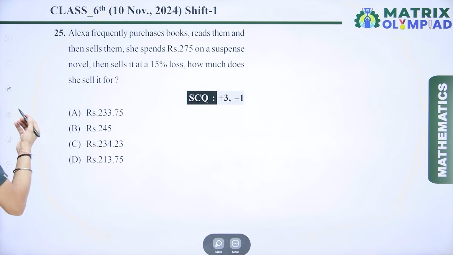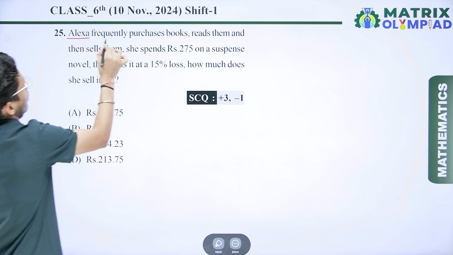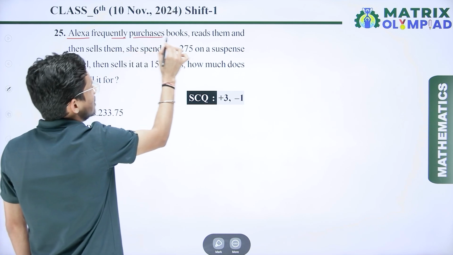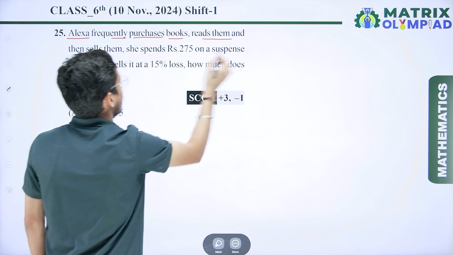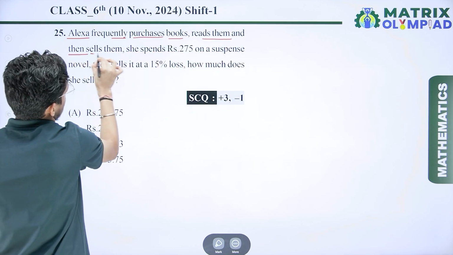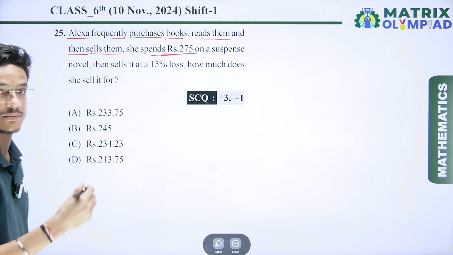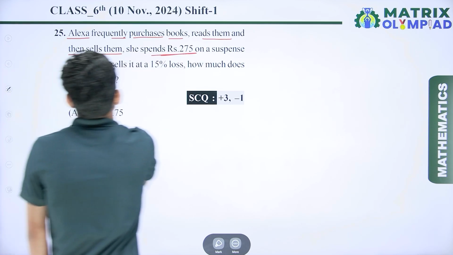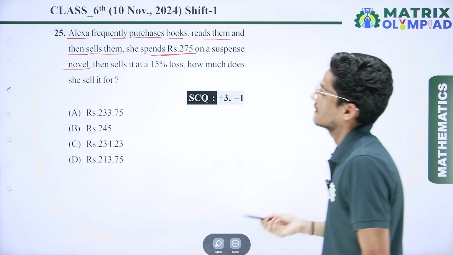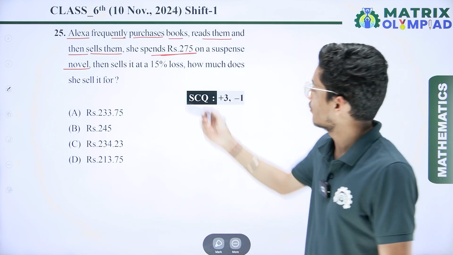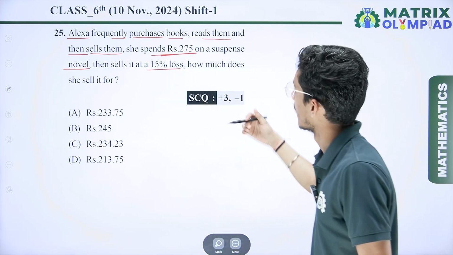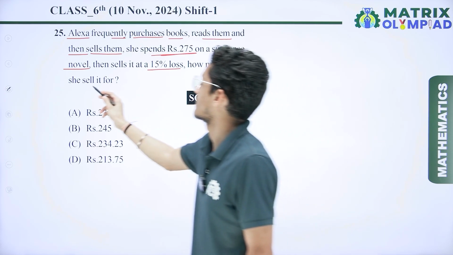So if I talk about the next question, that is Alexa frequently purchases books, reads them and sells them. She spends rupees 275 on a suspense novel, then sells it at a 15% loss. So how much does she sell it for?